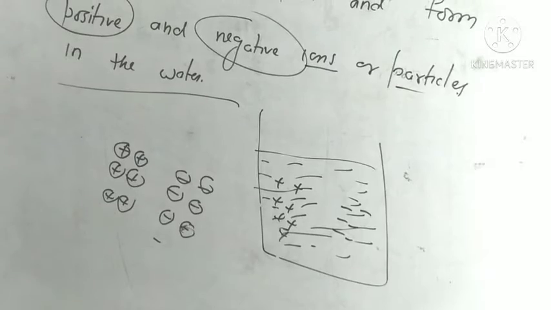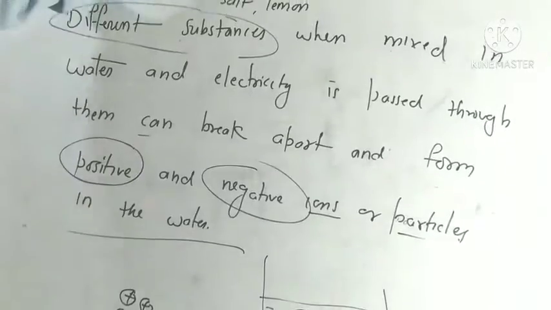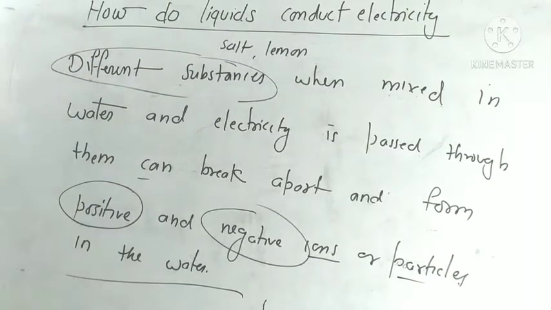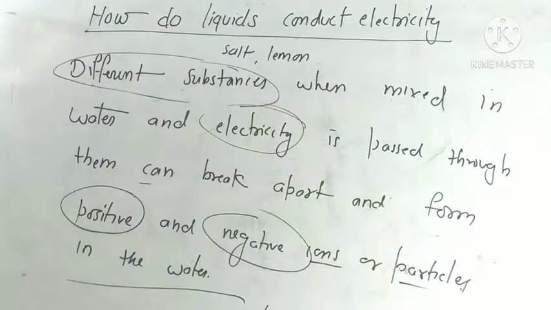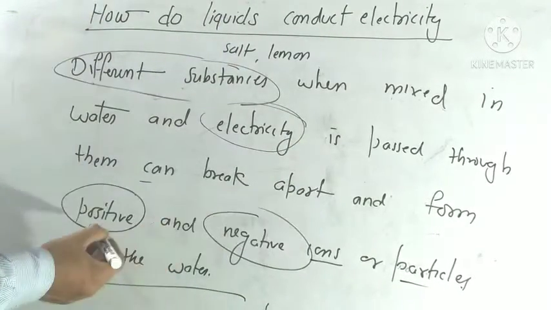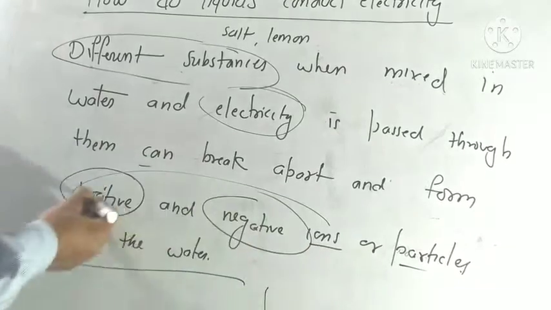I repeat again what we do here. How do liquids conduct electricity? Different substances, when mixed in water and electricity is passed through them, can break apart and form positive and negative ions, or particles, in the water.